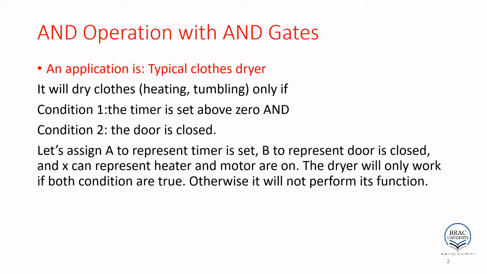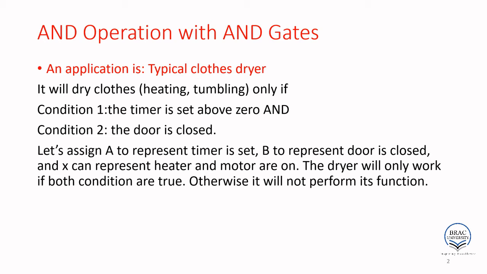We'll discuss the AND operation. An application of a typical AND operation is a cloth dryer. It will dry clothes only if condition 1, the timer is set above 0, and condition 2, the door is locked.